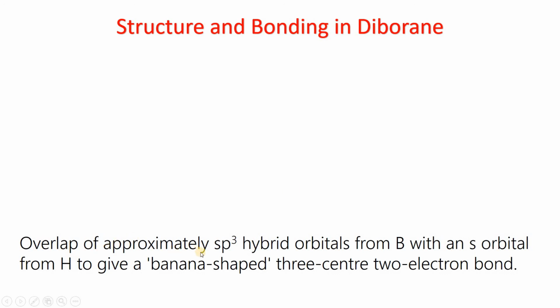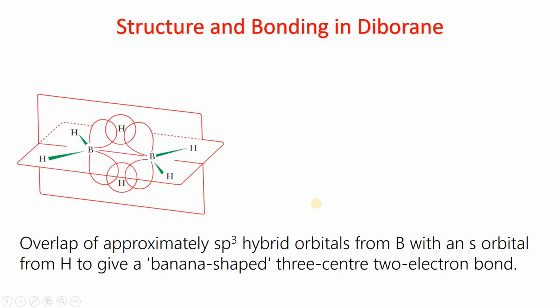The overlap of approximately sp3 hybrid orbitals, as I told earlier, from boron with one s orbital of hydrogen gives a banana shaped 3 center 2 electron bond. Okay, if we consider 2 different planes, one plane contains the 2 boron and 4 terminal hydrogen atoms.